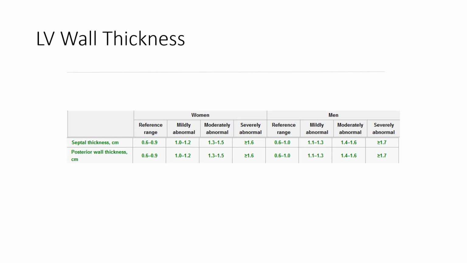There are normal and abnormal values for both males and females, and this you can always look up online. I use a roughly 1.0 centimeter cutoff rule as a rule of thumb for what's looking abnormal, and then look it up on a day-to-day basis for what is mild, moderate, or severe.